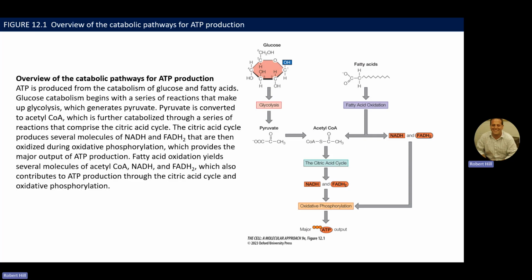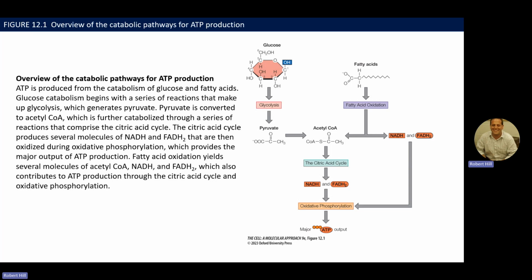The purpose of the Krebs cycle is that it produces a very little bit of ATP, but mostly what it produces is a heavy amount of the electron carrier NADH, and some other electron carrier called FADH2. That's the goal of the citric acid cycle.